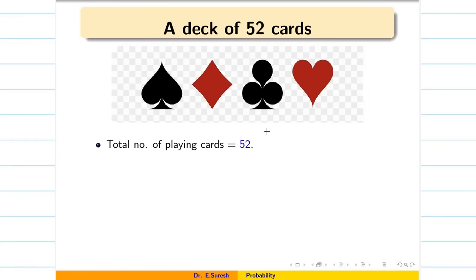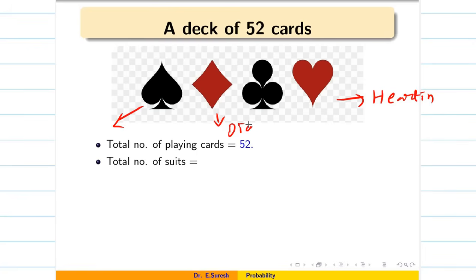We have 52 cards in a deck, and we don't bother about the jokers. So we have 4 suits. What are the suits? Heart, diamond, spade and club. So we have 4 suits.